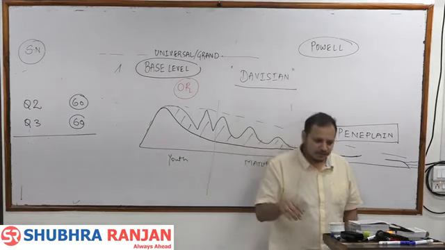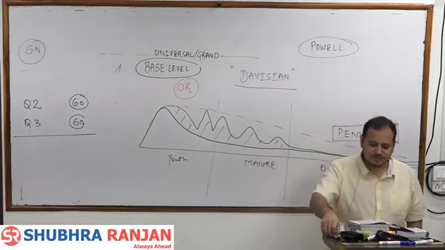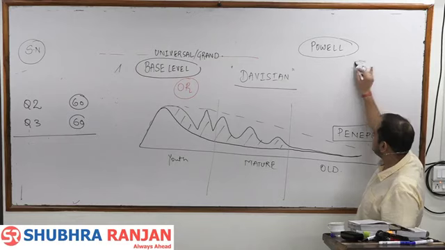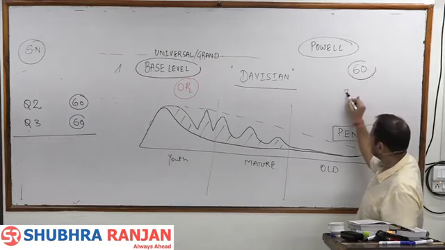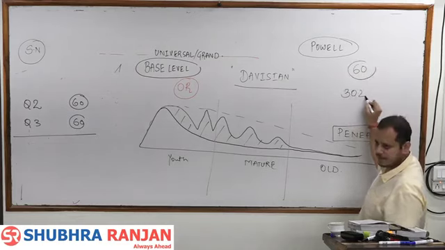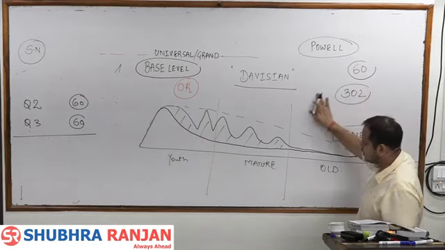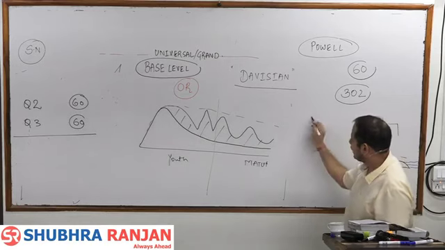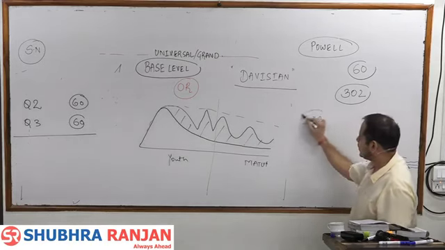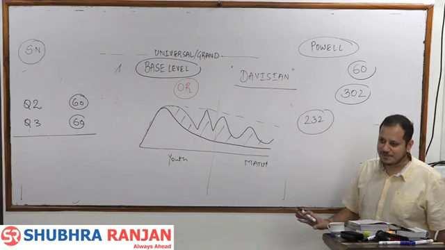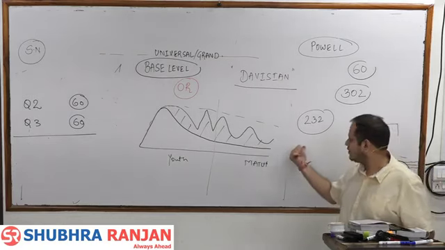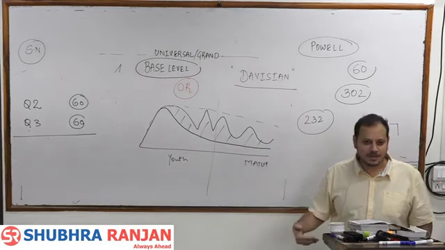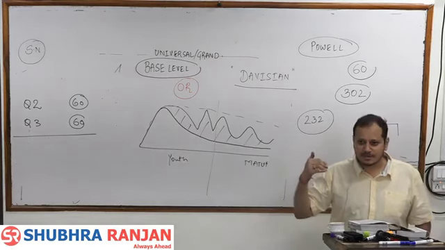Fine? So we have one person who came for the crash course again. Last year, when he did not attempt 60 marks in the paper, his score was 302. This year when he attempted the entire paper of geography, his score is 232. He is in a state of shock because this was his best attempt and when the marks came, he got 232. And last year he did not take the interview seriously.